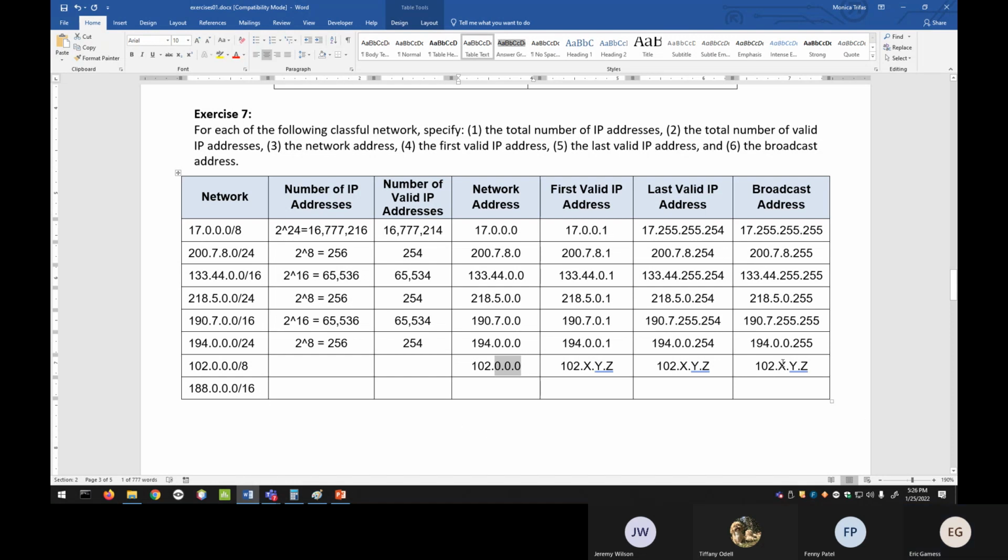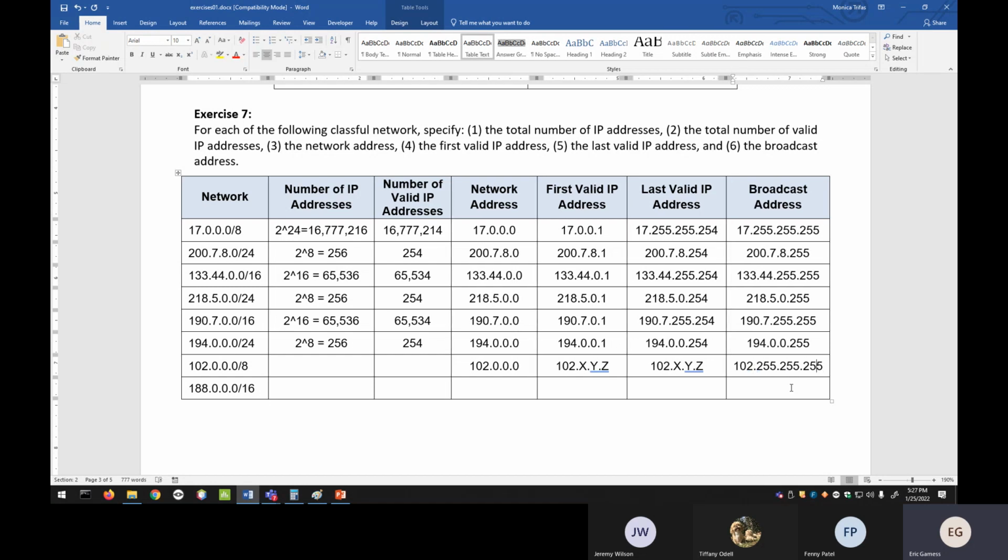Now, how do I get the very last IP address? All X, Y, and Z, I put them in 255, which means that the last 24 bits, since I'm doing a broadcast address, I put all of them in 1. So this will be 255, 255, 255.